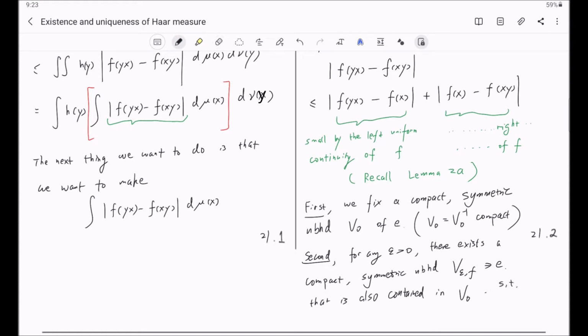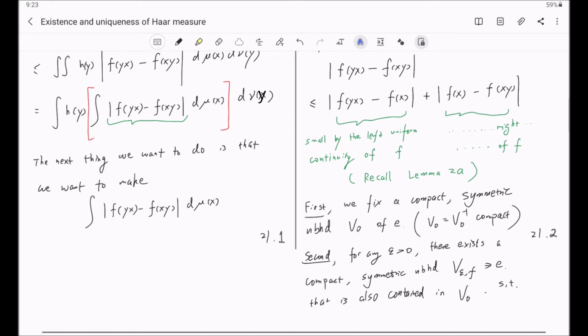Such that if we can make this neighborhood small enough by lemma 2a, the uniform continuity, we can make both of those two parts small.